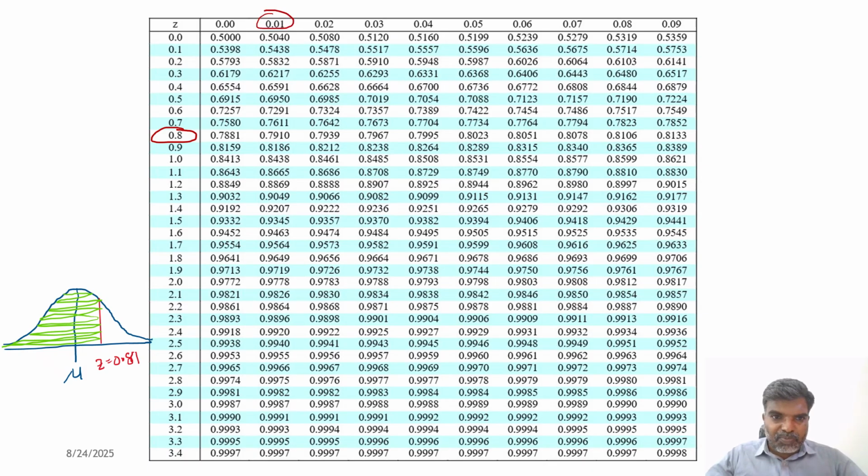So this is 0.81. What is the corresponding value for this? This is the corresponding value, 0.7910. So the area left of the z is 0.7910.